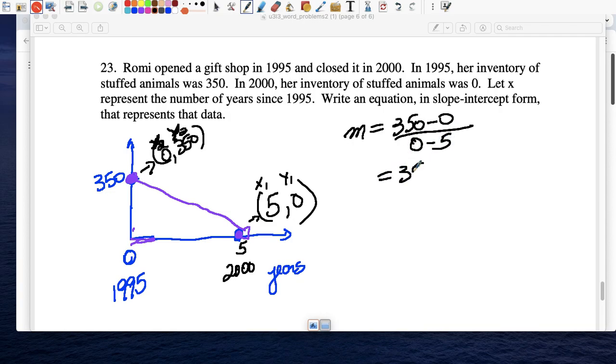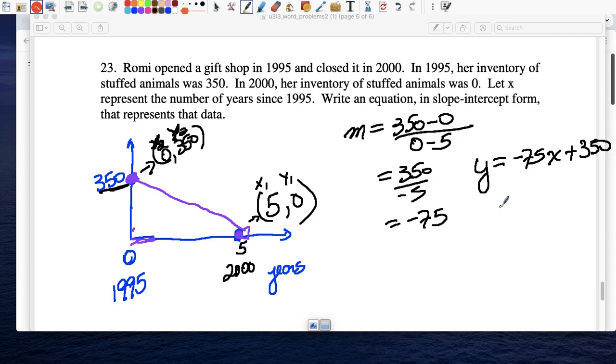We get 350 over negative 5, and that is negative 75. So every year she sells 75 stuffed animals. So our equation is y equals, and it has to be negative. Look, our slope is going down. Negative 75x plus this guy right here, 350. That's the equation of the line.